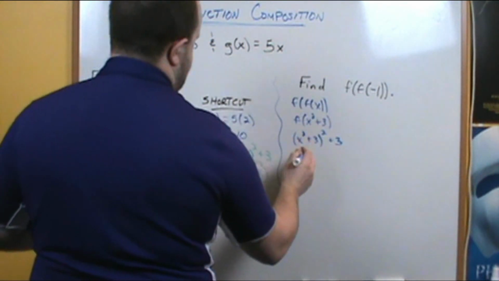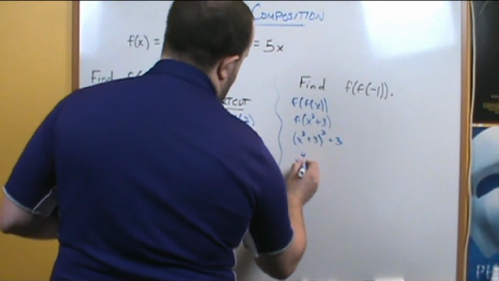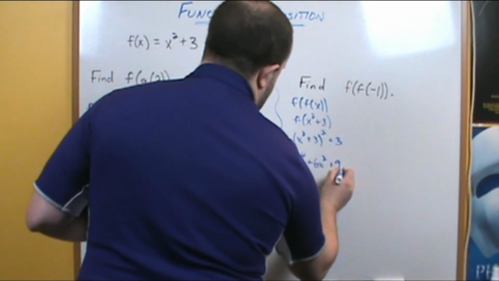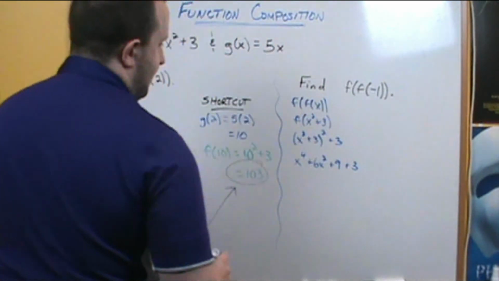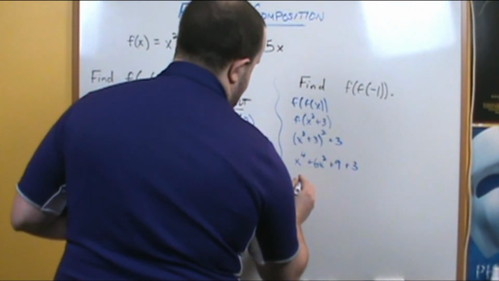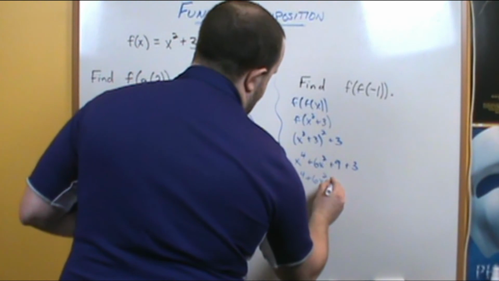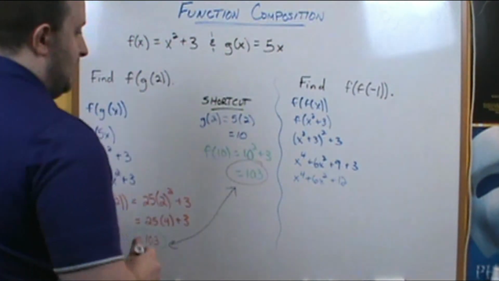When we FOIL this out, we'll get x to the 4th plus 6x squared plus 9 plus 3. And adding the 9 and the 3 gives us x to the 4th plus 6x squared plus 12.